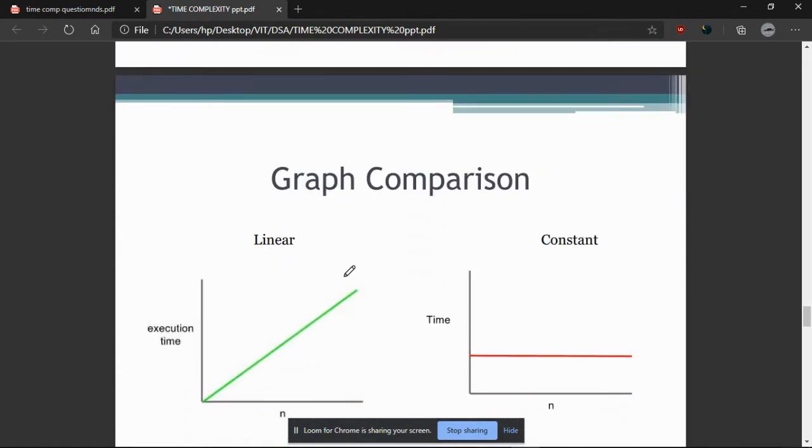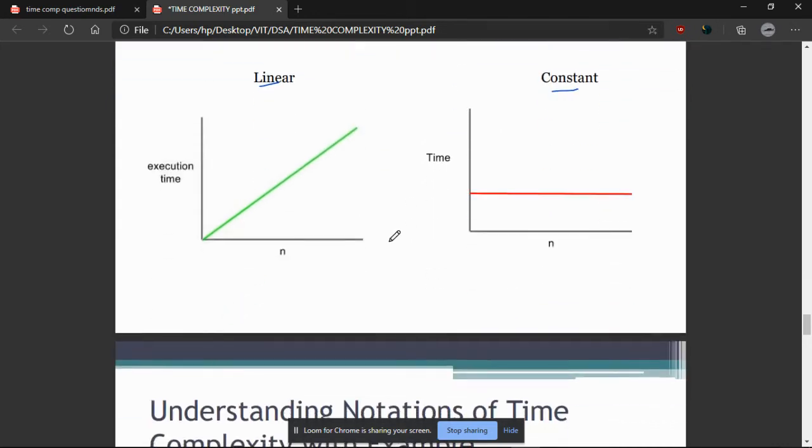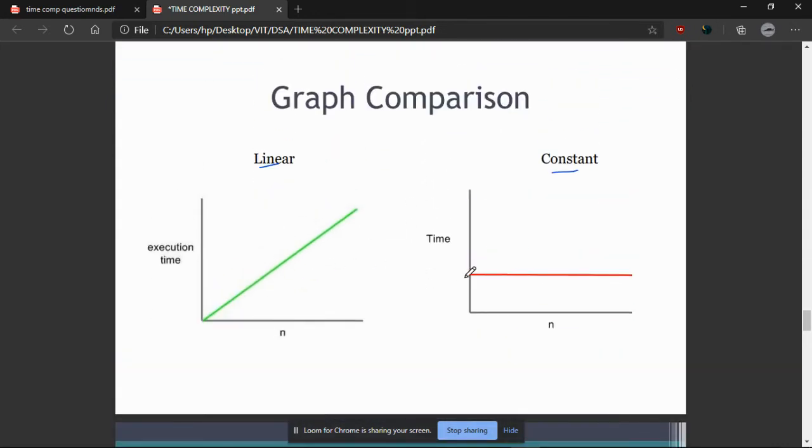Now, if we compare the two graphs, linear and constant time complexity, what can we conclude? Basically, for any input, the execution time is constant, which is this. And if we increase the input, the execution time increases.